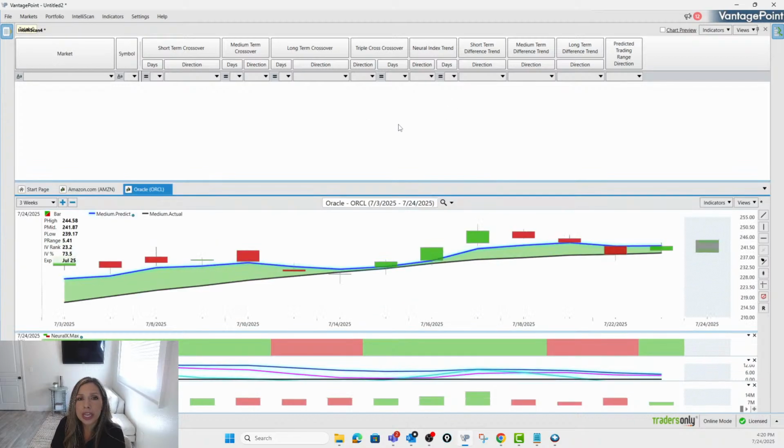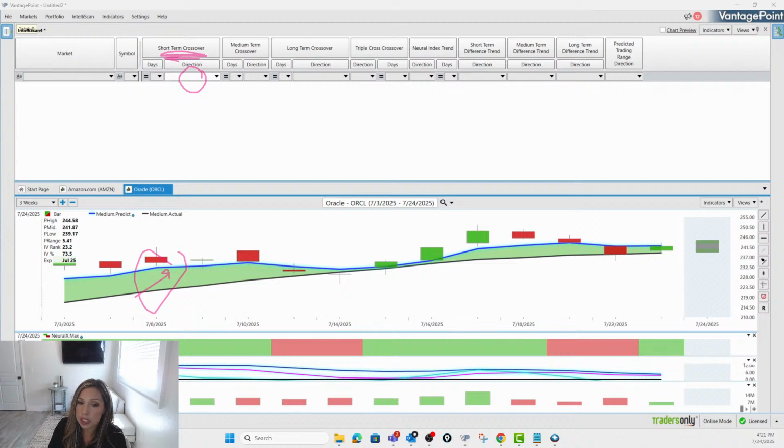So if we're looking for bullish opportunities using increased volume, we would simply need to set our crossovers. Now keep in mind, I said our crossovers is the blue line crossing over the black line. So we're looking for that blue line to be above the black line and for the trend to be green. That way we can set up those crossovers to the up direction.